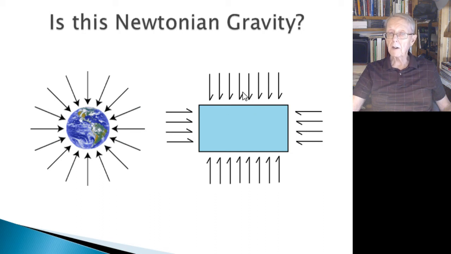So it's not very likely that the force required to move the apple and the moon is the same force as what's required to move and bend light. And of course, the speed is different. The speed of the apple and the moon is very slow. The speed of light is extremely fast. There are enough differences there that there is no way that these forces on the right are Newtonian gravity.